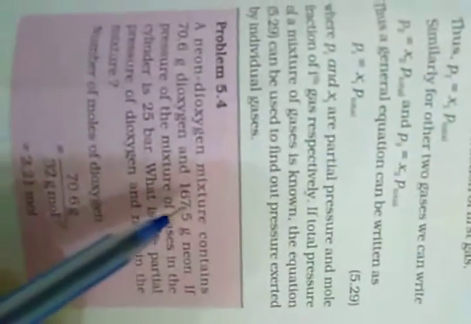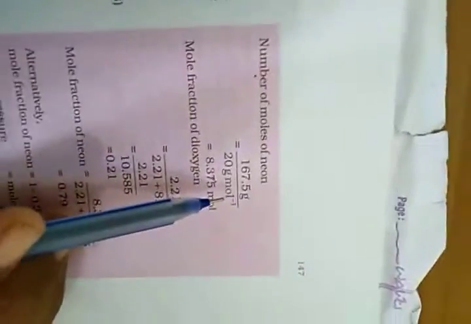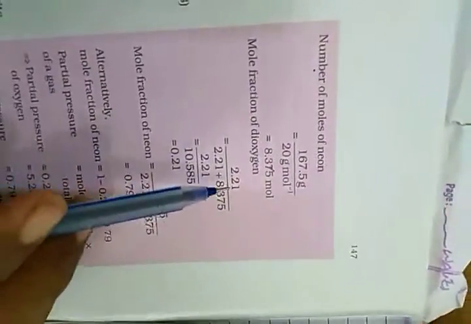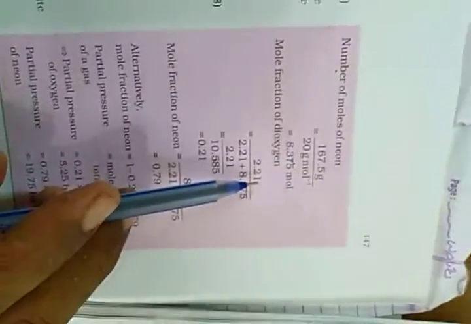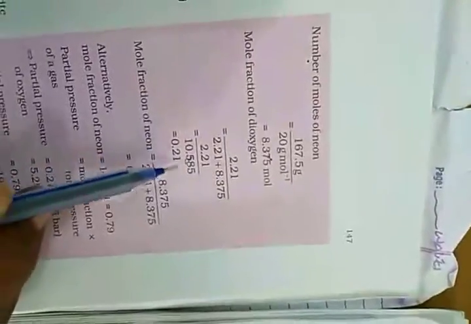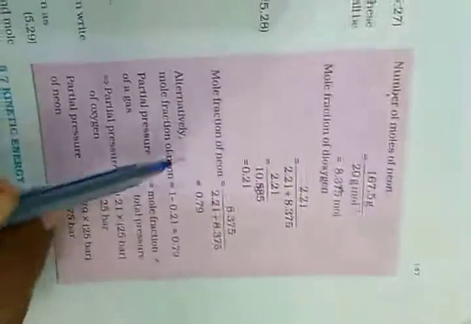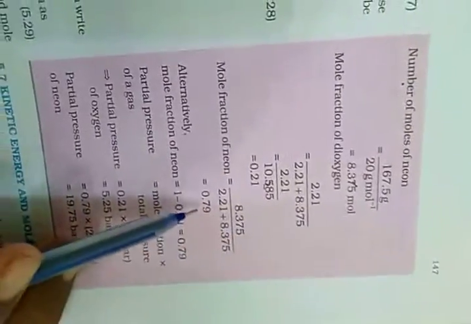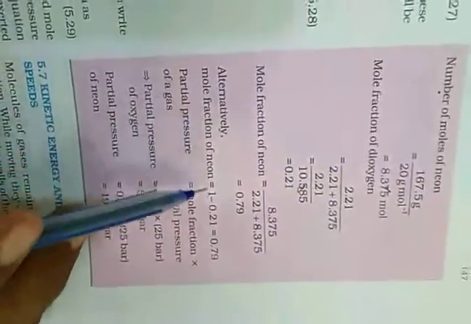For the number of moles of neon, take the neon's weight divided by neon's molecular weight. Then the mole fraction of dioxygen is oxygen's moles, 2.21, divided by the total moles of oxygen and neon. The mole fraction of dioxygen is 0.21. The mole fraction of neon is its moles divided by total moles, or alternatively, subtract this from 1.